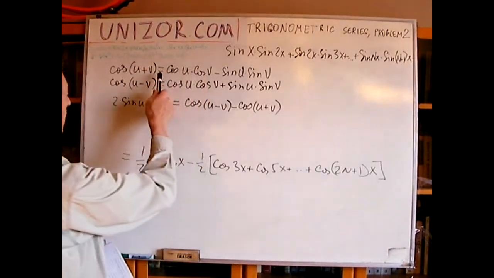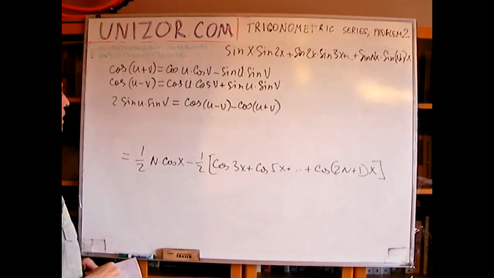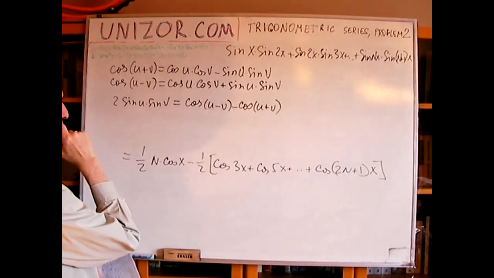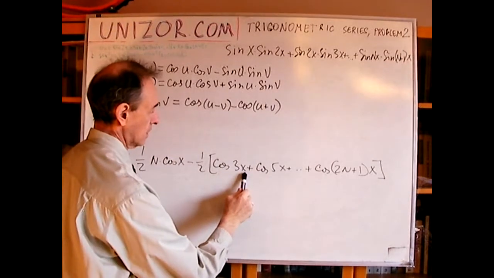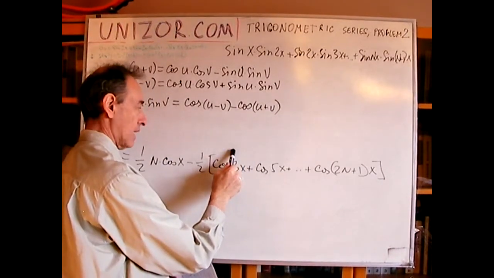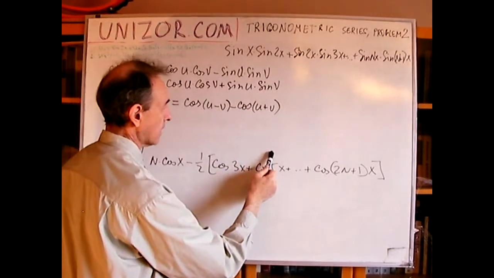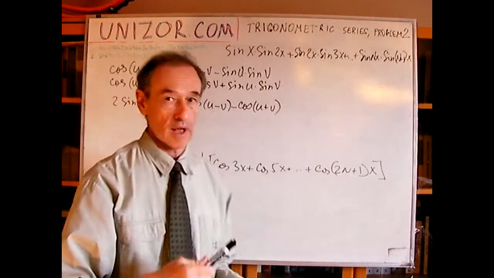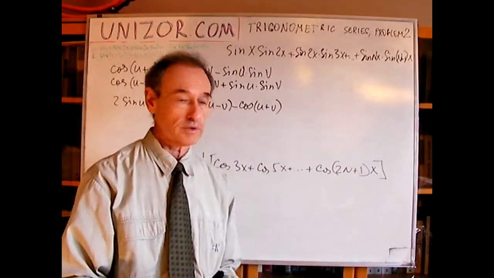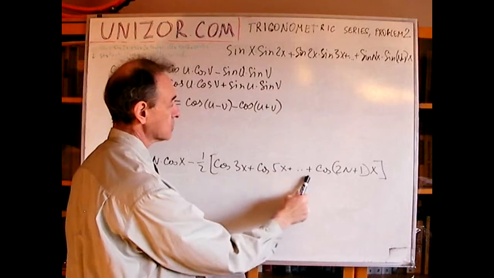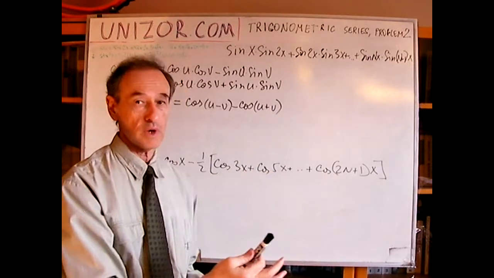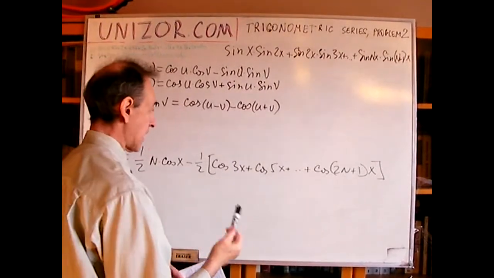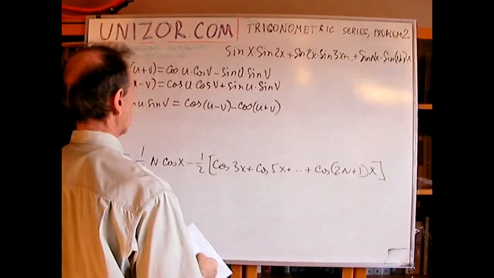Now, why am I doing it? Well, basically because if I will be able to represent this as something minus angle, and this is something plus angle, then they will probably reduce each other. That was actually the point. So if the difference between consecutive arguments is, in this case, 2x, I will multiply everything by sine of half of the distance, which is sine of x, and see what happens.